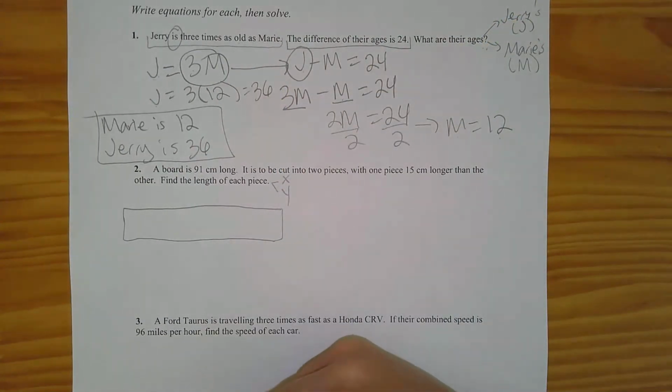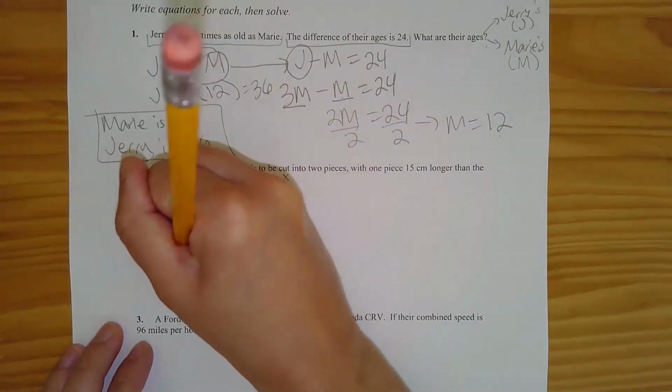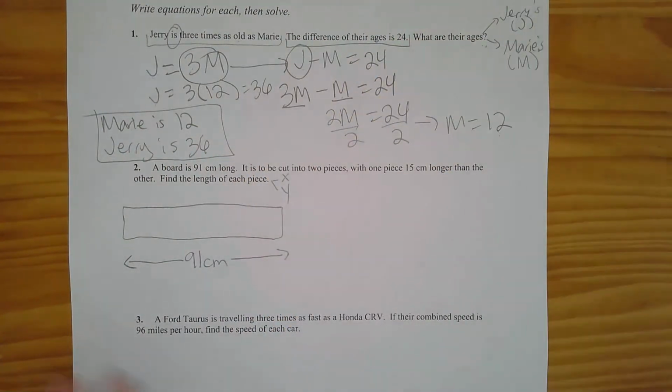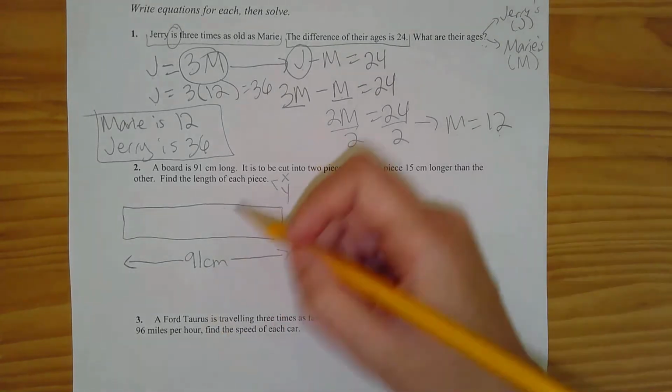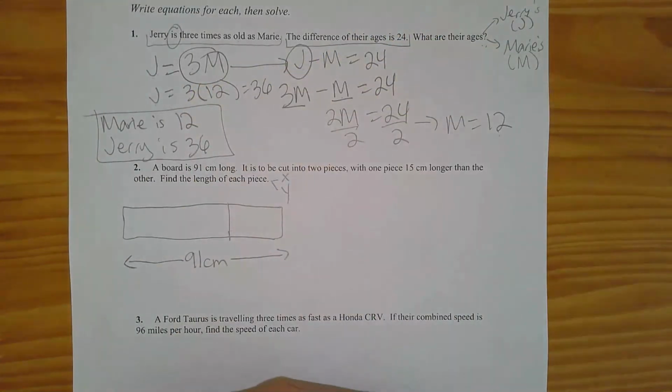Sometimes pictures can really help with word problems. So I know I have a board that is 91 centimeters long. I'm just going to go ahead and label that. So that total length is 91. It's going to be cut into 2 pieces, and apparently one of them is longer than the other, so it's not right down the middle, it's kind of over here, so I have a longer piece and a shorter piece, okay?